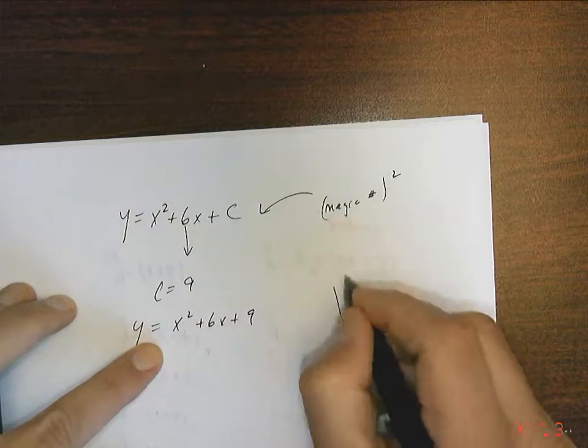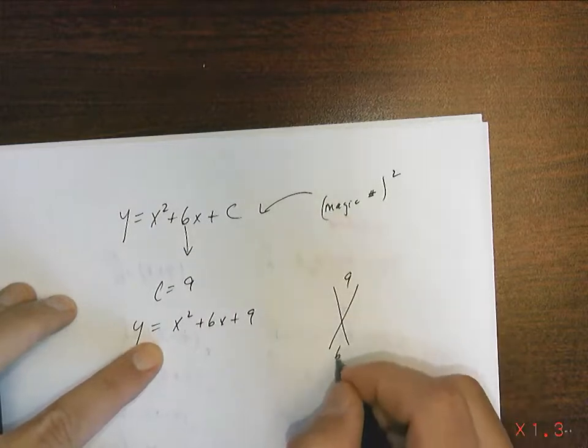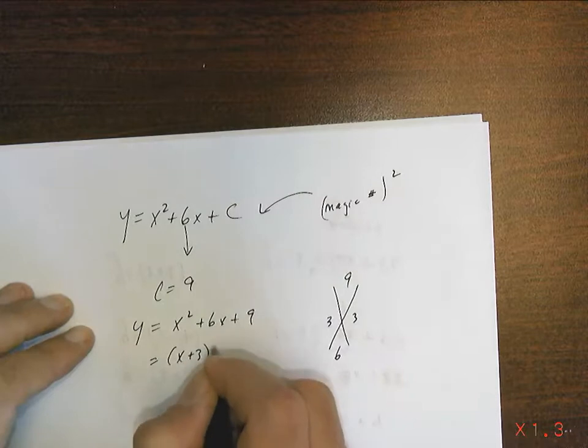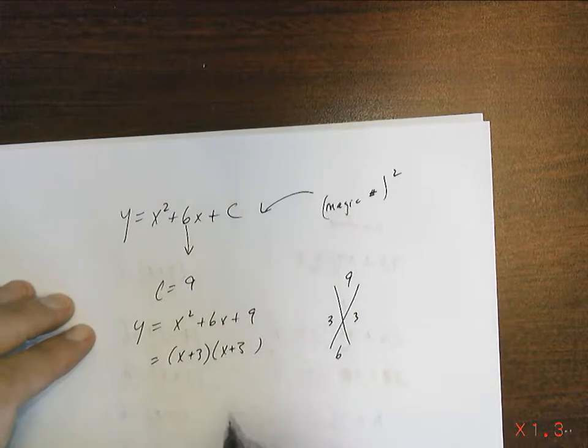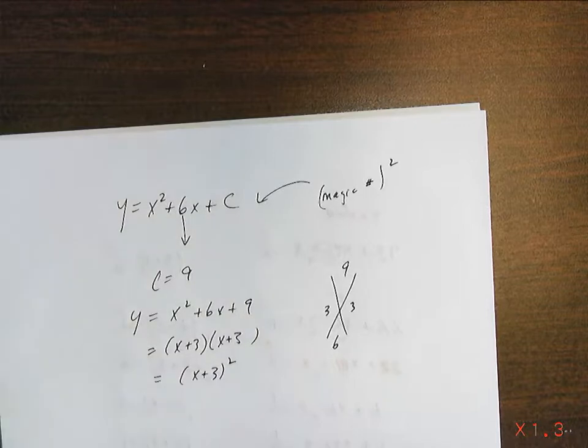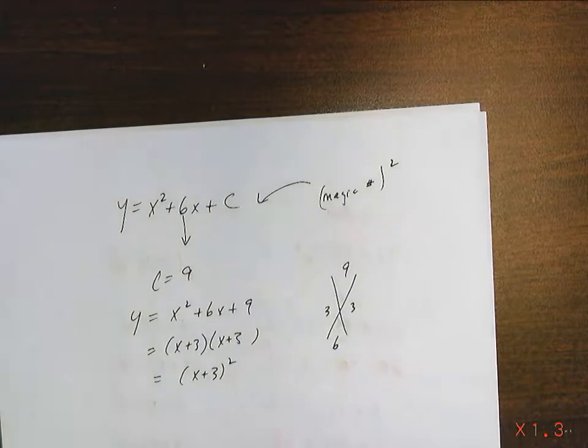Let's make sure. Two numbers that multiply to give 9, add to give 6: 3 and 3. x plus 3, x plus 3, oh my goodness, x plus 3 squared. Life is grand.